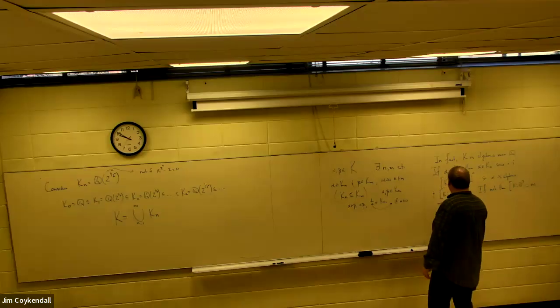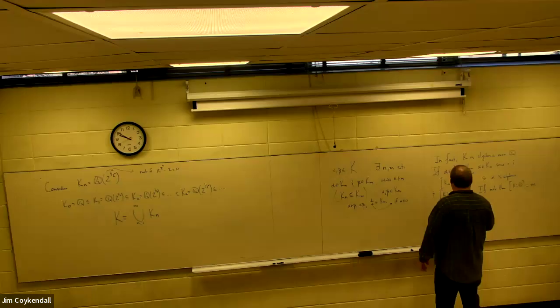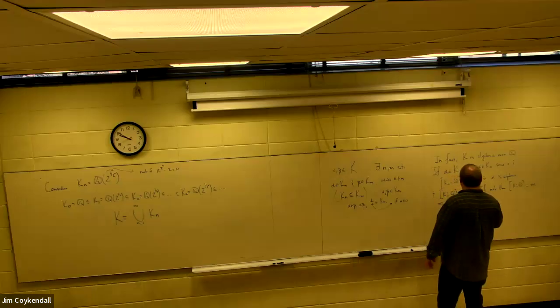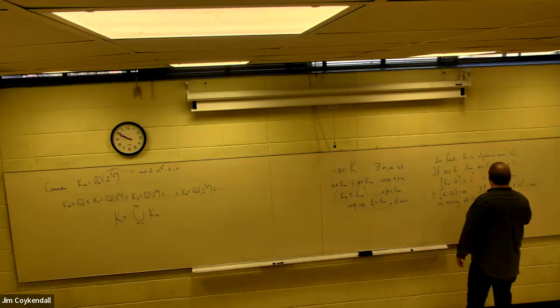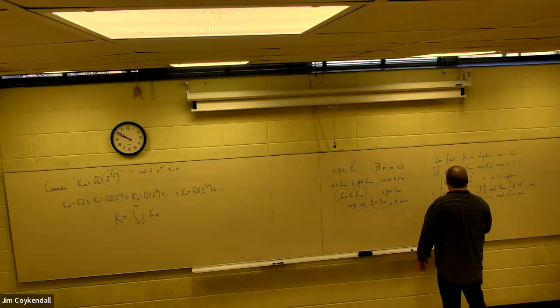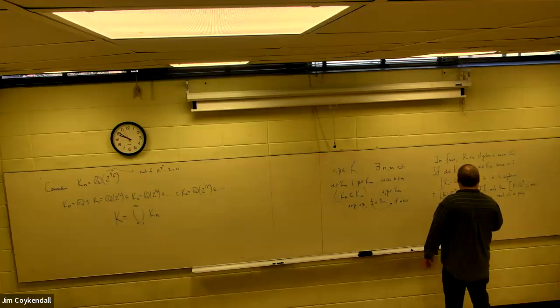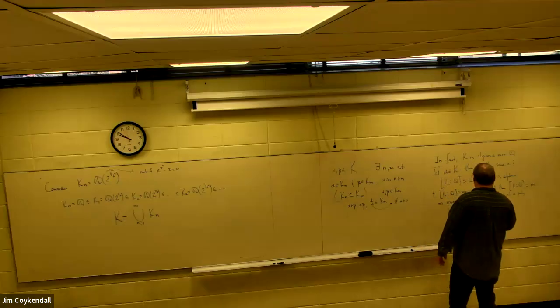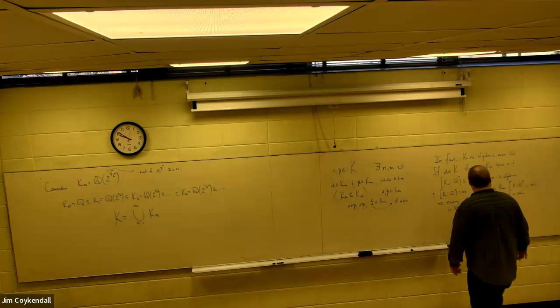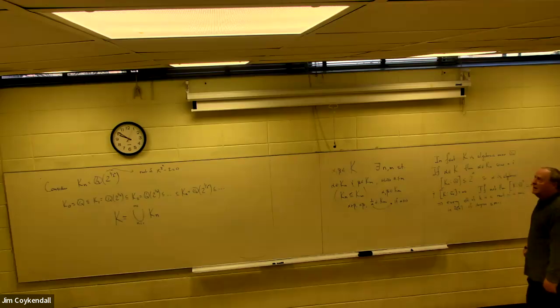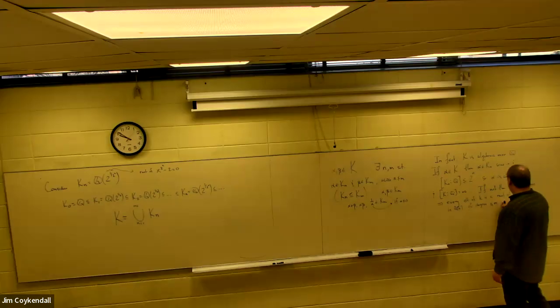Which implies every element of K is a root of a polynomial in Q[x] of degree less than or equal to n.